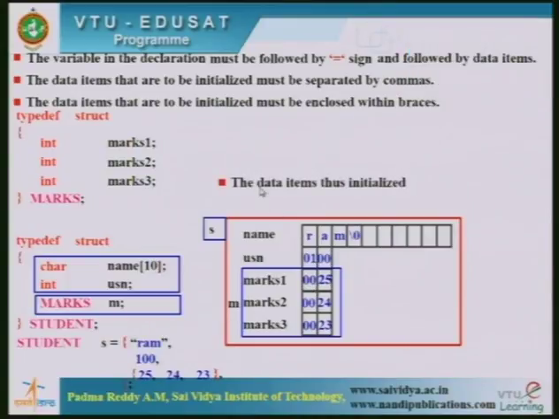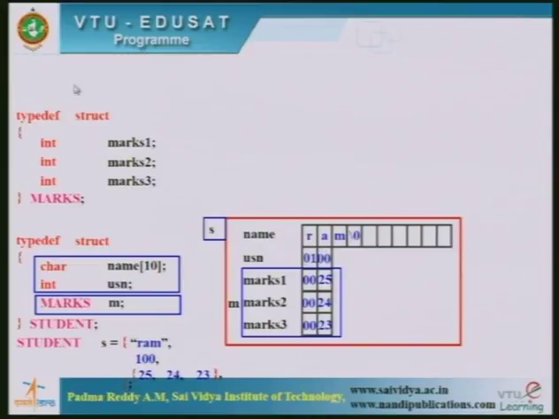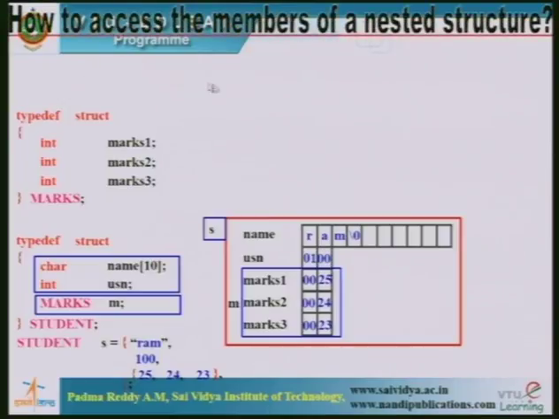Now the last point is the data items thus initialized. So the data items thus initialized as shown here are stored in memory as shown below. So this is how the data is stored in the memory, and here we have used nested structure. Okay. Now the question is how to access the members of a nested structure.